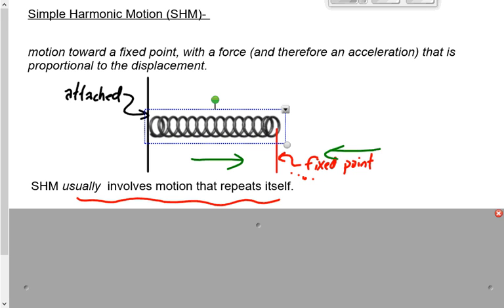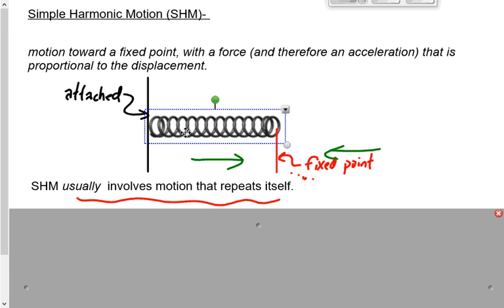I think it's about 40 or 45 degrees where it starts becoming a little suspect, not really simple harmonic motion at that point. Okay. All right, so does this kind of make sense, guys?